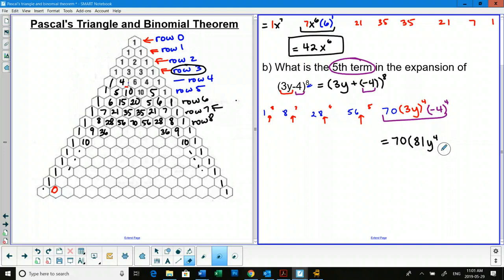what do we get there? Negative 4 to the exponent 4. What'd you get? Nicole? 256. Very good. And now we just need to simplify all these coefficients. So 70 times 81 times 256.